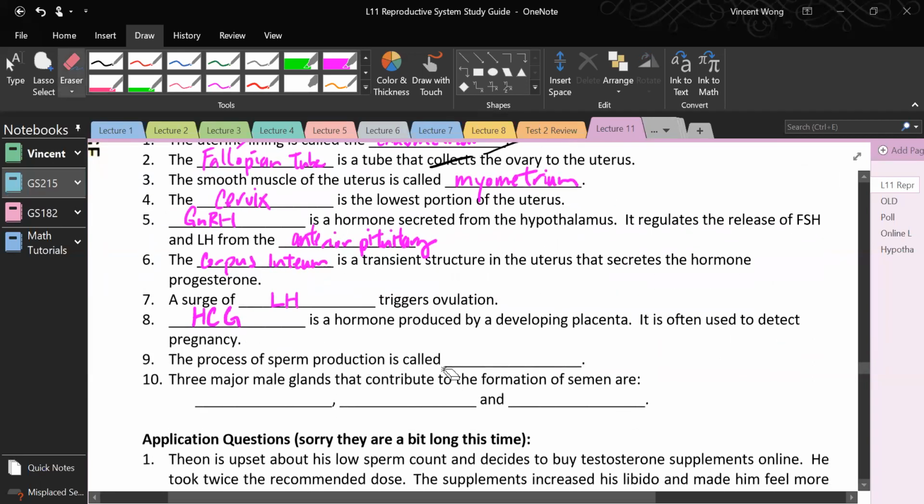The process of sperm production is called spermatogenesis. And there are three major glands that contribute to the formation of semen. There's the prostate. There is the bulbourethral gland, also known as the Cowper's gland.